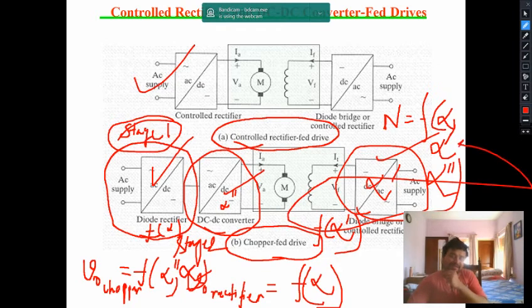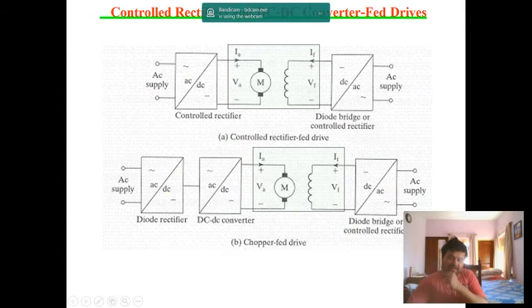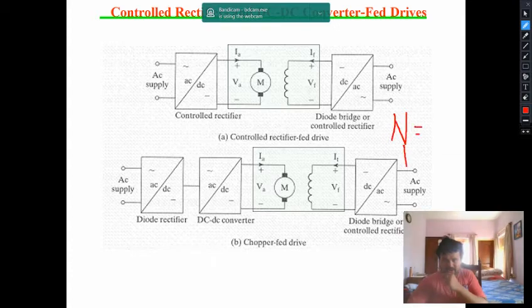So your speed is a function of alpha, alpha dash and alpha double dash.